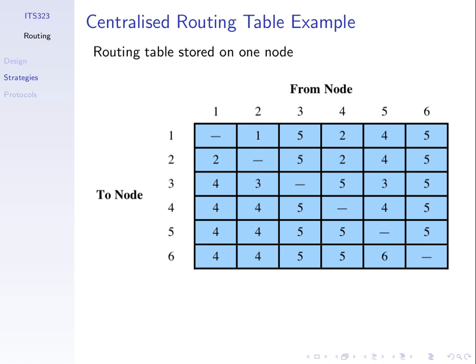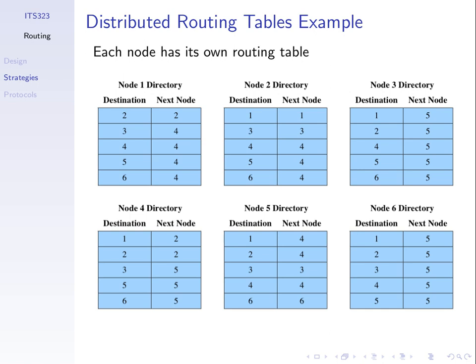Any questions on routing tables so far? They are a key part of the internet. The distributed routing tables, where they're stored on each node, is more common than a centralised routing table, but both are possible.